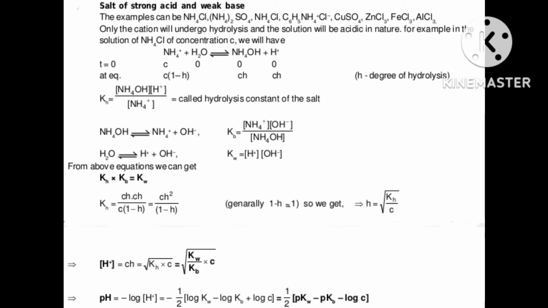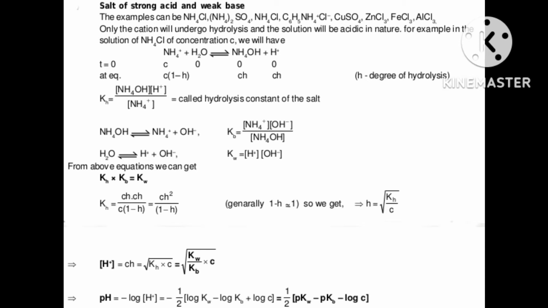This ratio you have to control. Example: a mixture of acetic acid and sodium acetate. See, this is an example of a buffer solution. A mixture of acetic acid, that is the acid, and sodium acetate, the salt of acetic acid.